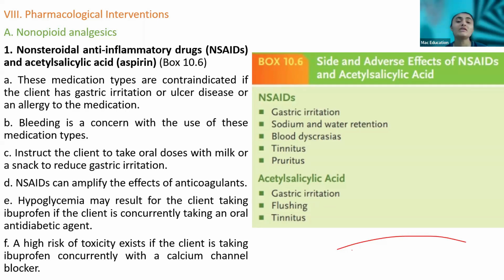Aspirin can relieve the pain also. So there are two mechanisms of aspirin. Let's see first the side effects or adverse effects of NSAIDs and acetylsalicylic acid. What is acetylsalicylic acid? Itself aspirin. So the side effects of NSAIDs are gastric irritation, sodium and water retention, blood dyscrasias. What is blood dyscrasias? What do you mean by blood dyscrasias?